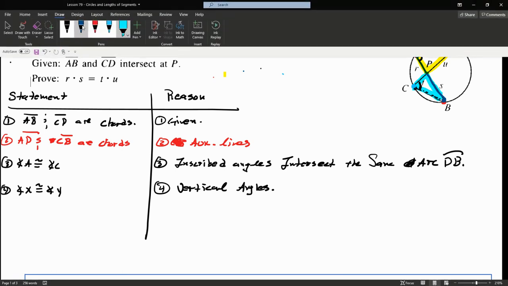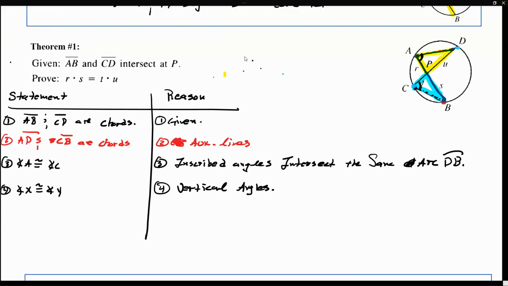And we have shown that within these two triangles, this angle is congruent to this angle, and we also got these two angles right here, and they must be congruent because they're vertical angles. And now notice that we can say that those two triangles are actually similar. So triangle ADP is similar to triangle CBP. And the reason behind it is because now we can use the angle-angle similarity theorem.